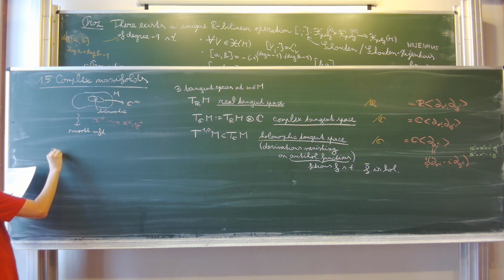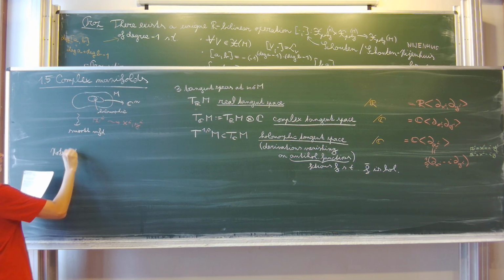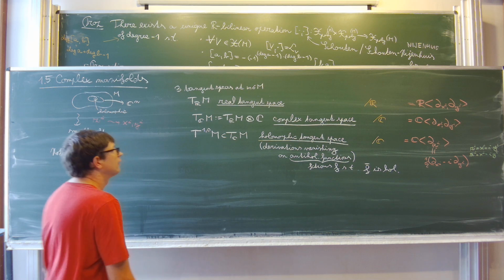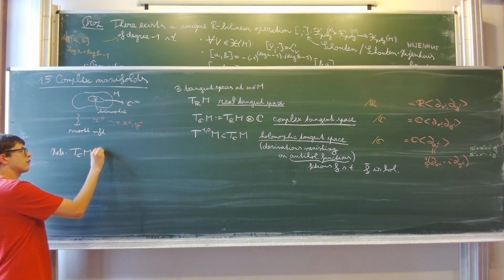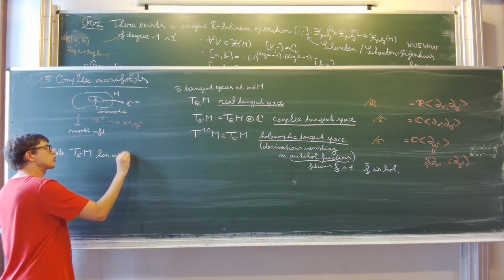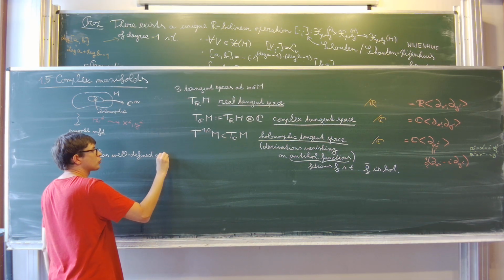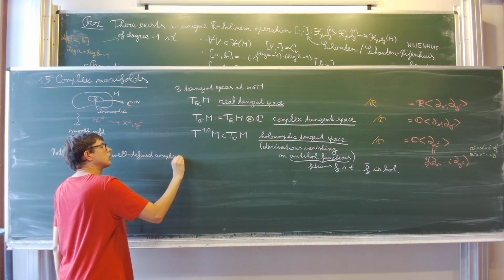But now note that this second tangent space was really a complexification of something real, and so it has a well-defined complex conjugation.